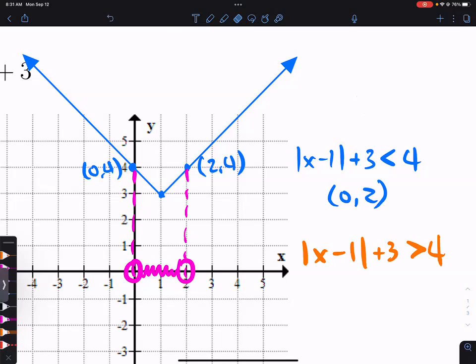When does the function sit up higher than 4? When are all of its y values bigger than 4? Oh, right here, and right here, and everywhere out this way, right? And also here, and here, and everywhere out that way. So everything not between 0 and 2, but outside of 0 and 2.